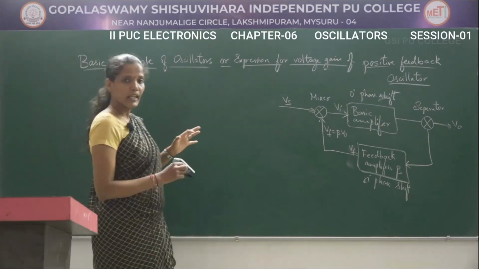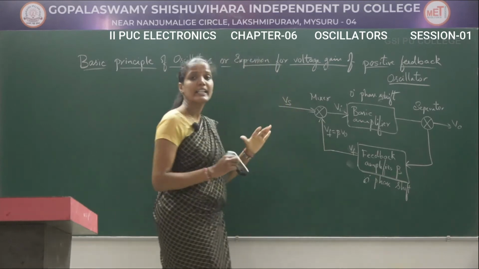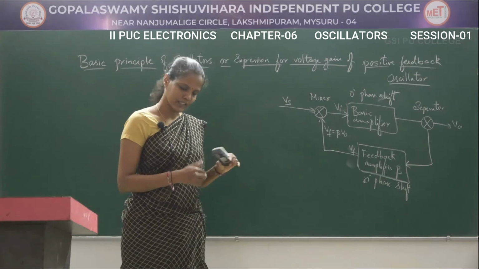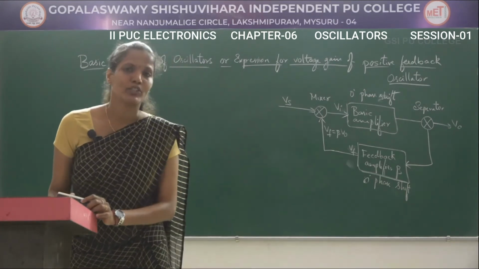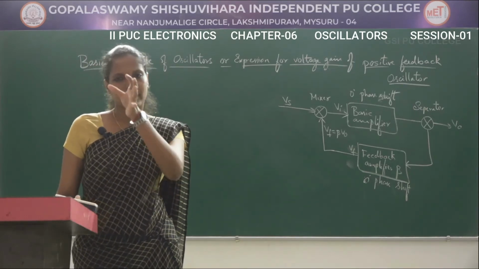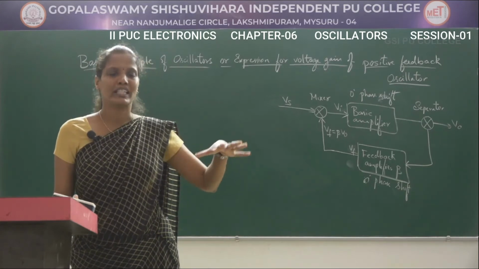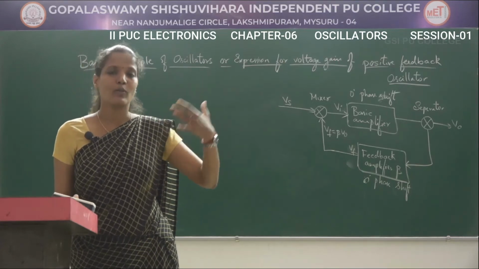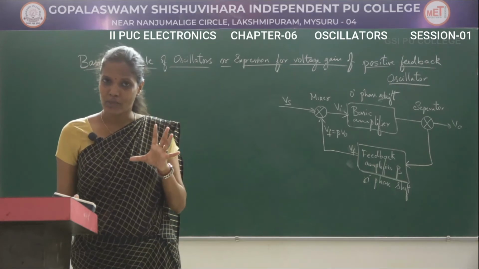If the feedback voltage and the input voltage are in phase with each other, then it is called a positive feedback circuit. Feedback has two types, one is the positive feedback and the other one is the negative feedback. In positive feedback, whatever voltage I am extracting from the output side and whatever voltage I am giving from the input side, if both the voltages are in phase with each other, then it is called a positive feedback.